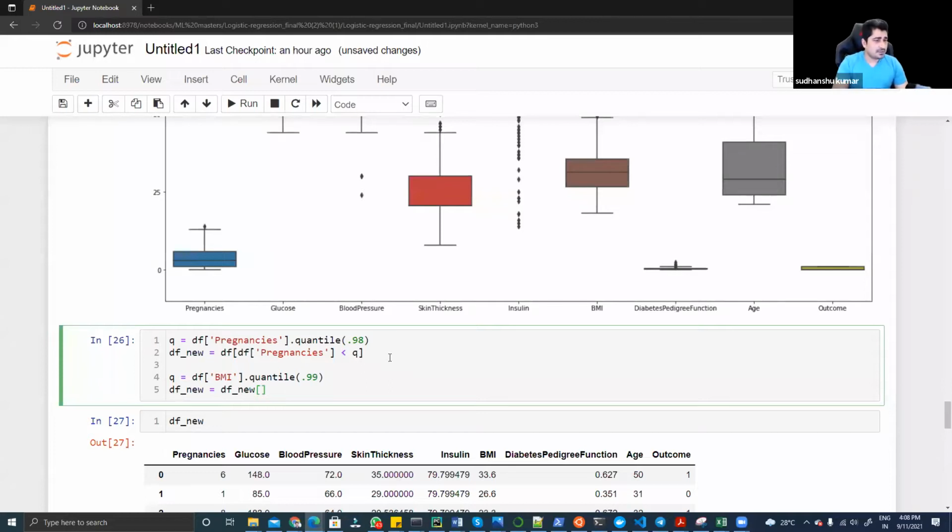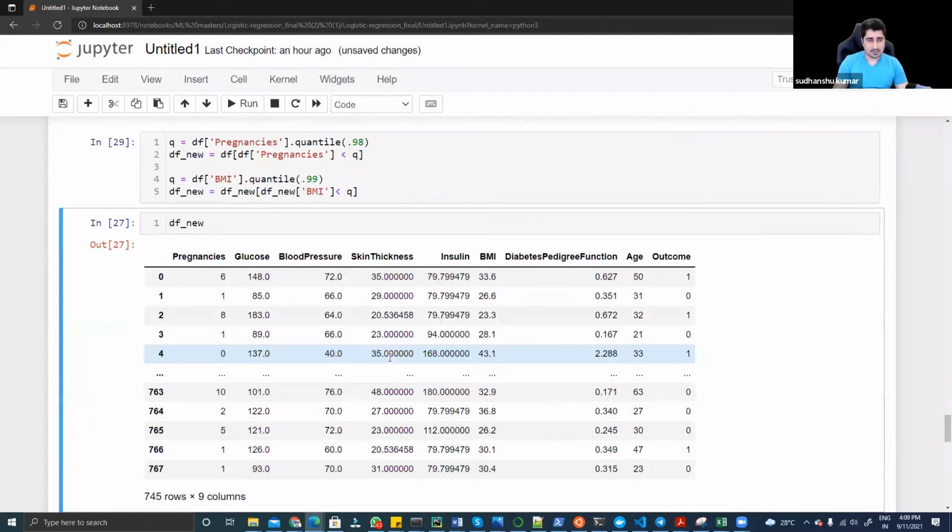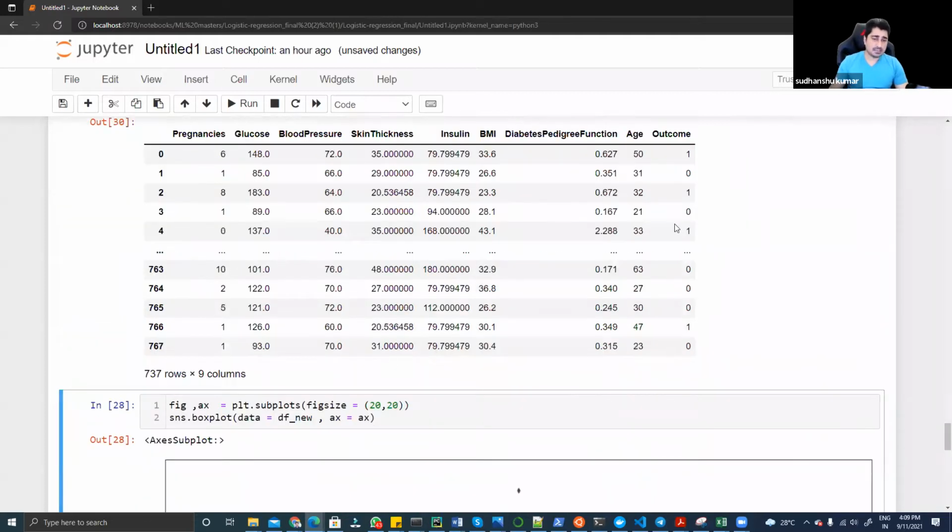So fine, we write DF underscore new, and BMI is lesser than this queue, our latest queue that we have created. So yes, in this way, again, I will lose some of the data set.